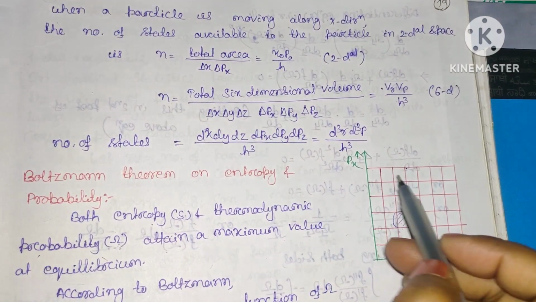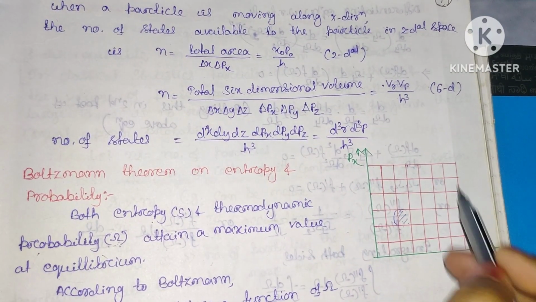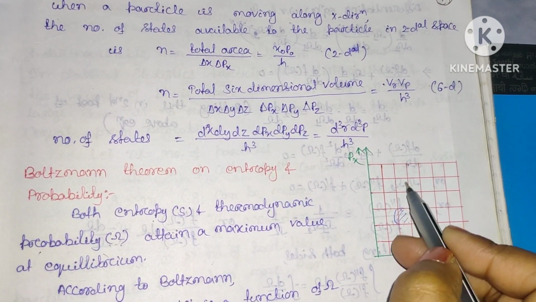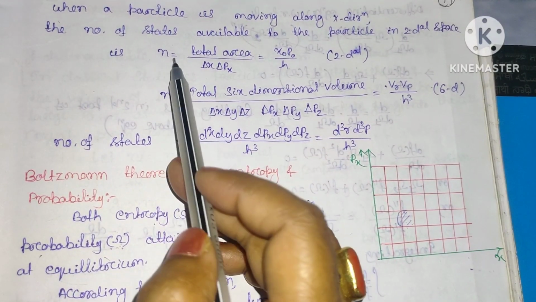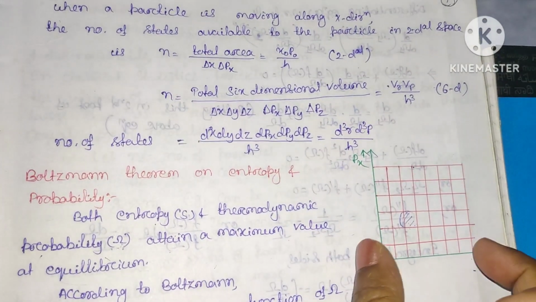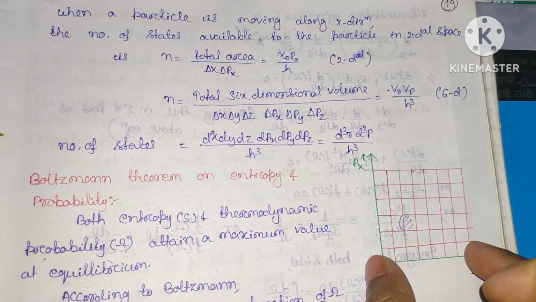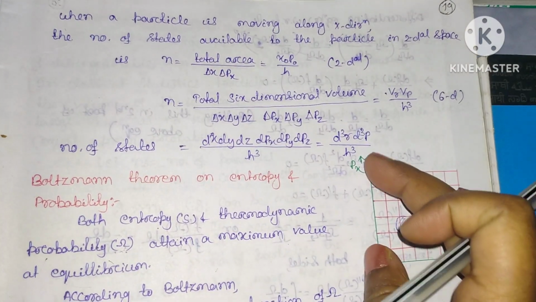The total area is x naught times p naught.